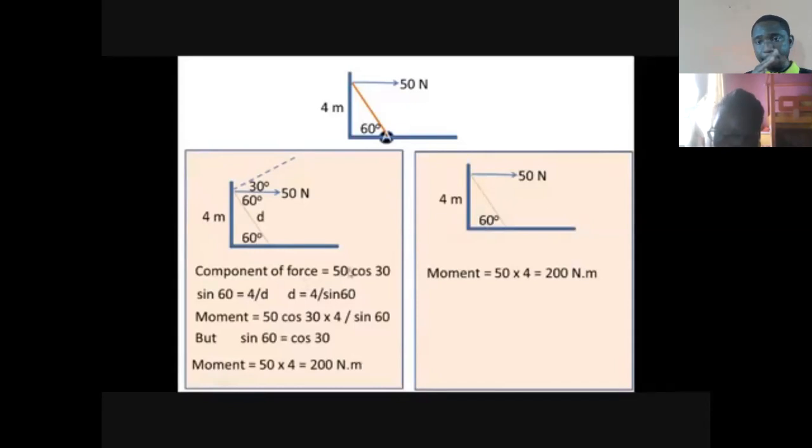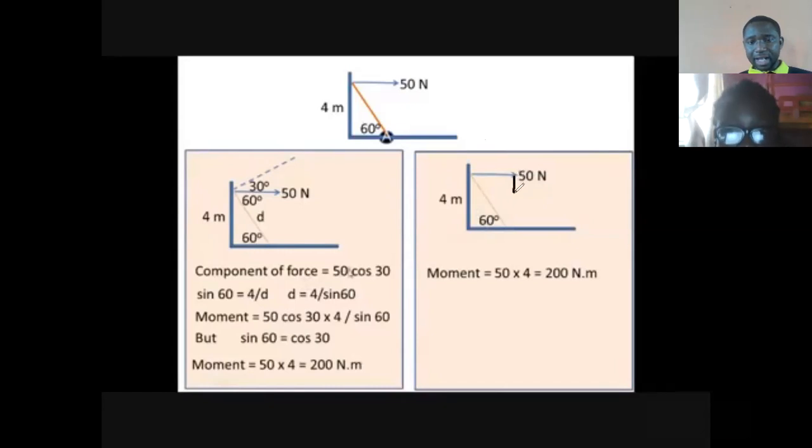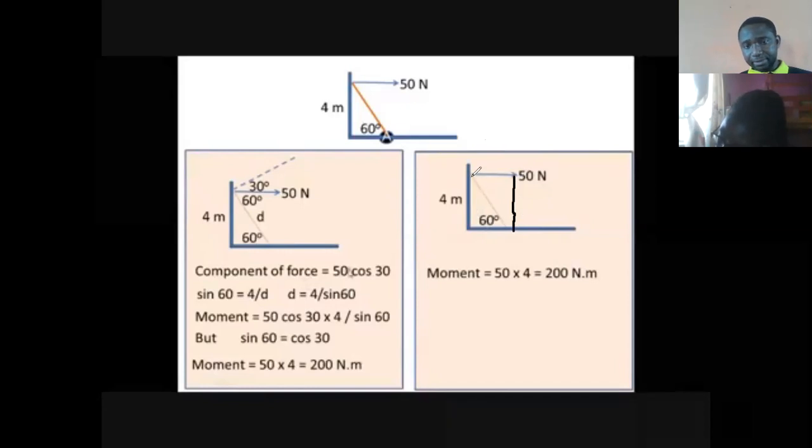No, sir. Just remove everything. Now look at what I just did. From here, remember from this place to this side is 4 meters, right?